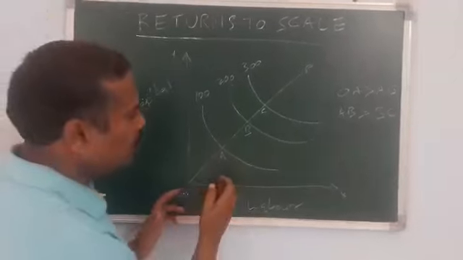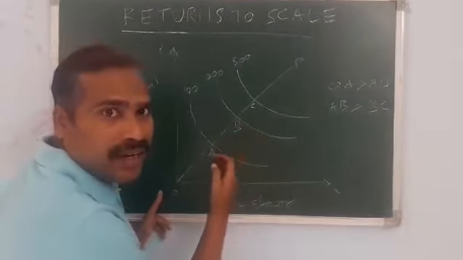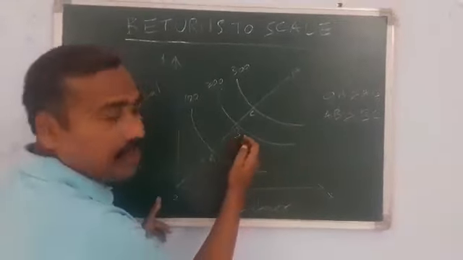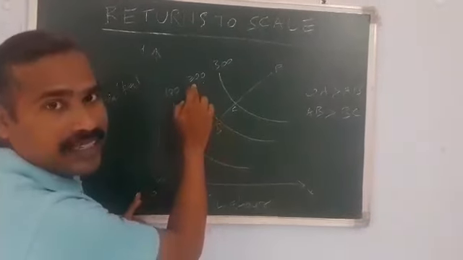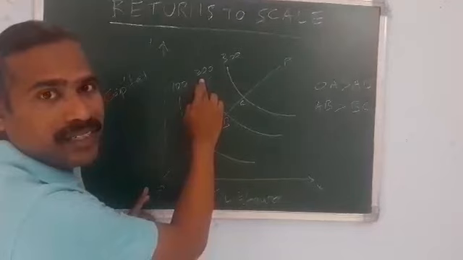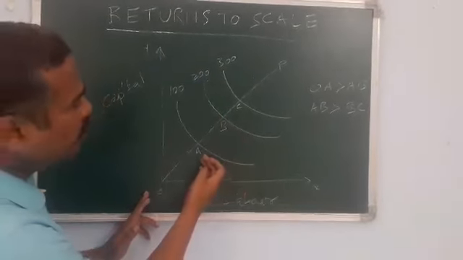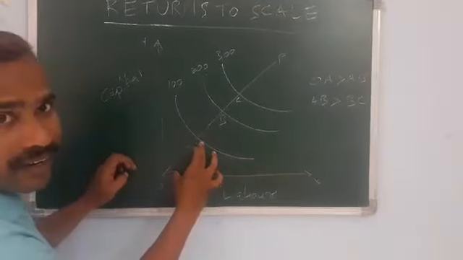Then if we are forwarding on this path, we are getting the second isoquant line, indicating 200 units of the production. So just observe here, we are getting 100 units of the production by OA level.